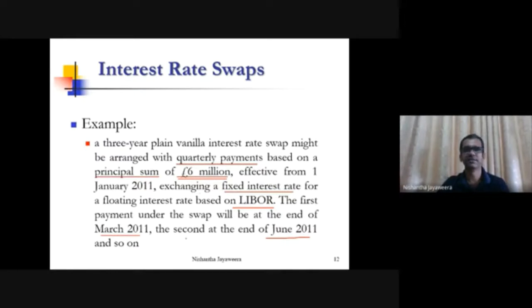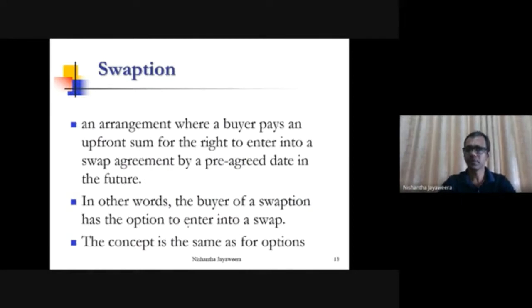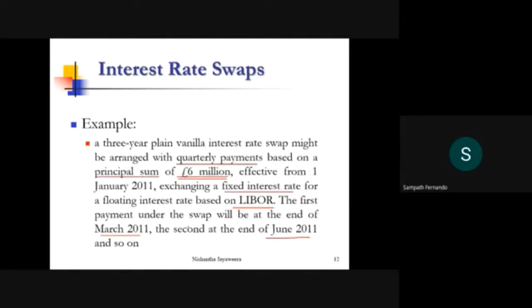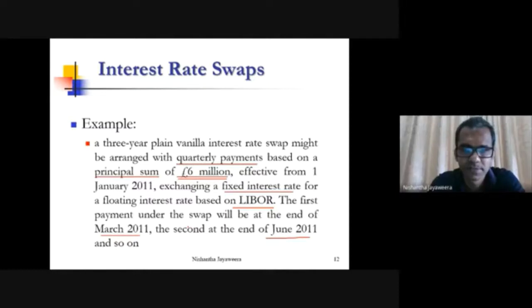It's not given here whether it's a 1-year or a 5-year period. Assume it's a 2-year period, then there will be 8 cash flows during the next 2-year period. So it is 3 years. Yes.